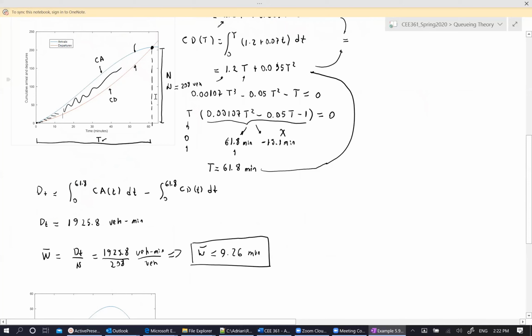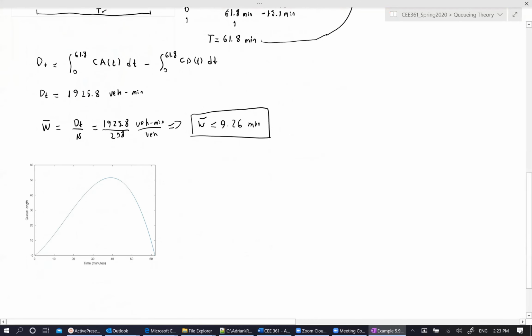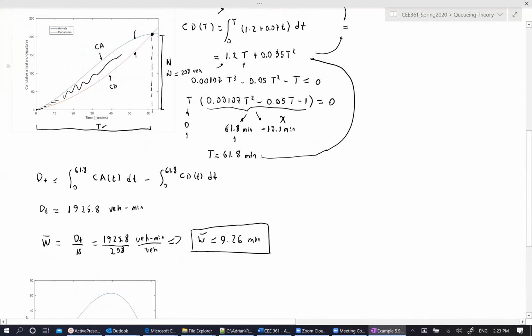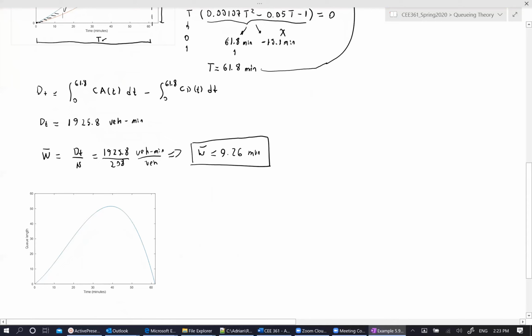So let's continue with the rest of the problem. The second part of the problem was the longest queue, assuming D/D/1. So let's solve for that. Don't pay attention to this plot for now, I will explain that in a minute. To determine the longest queue, we're going to write an expression for the queue length as a function of time.